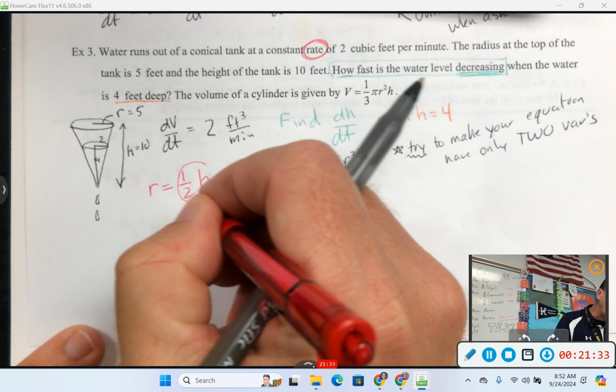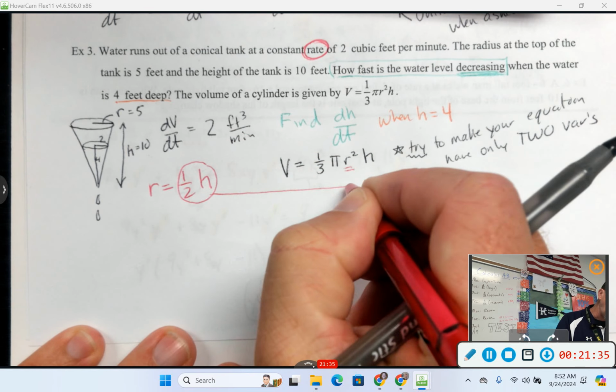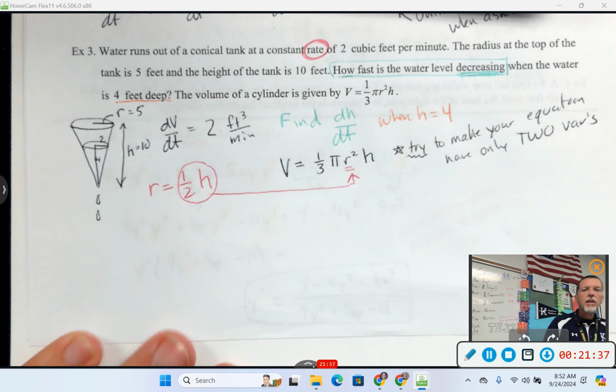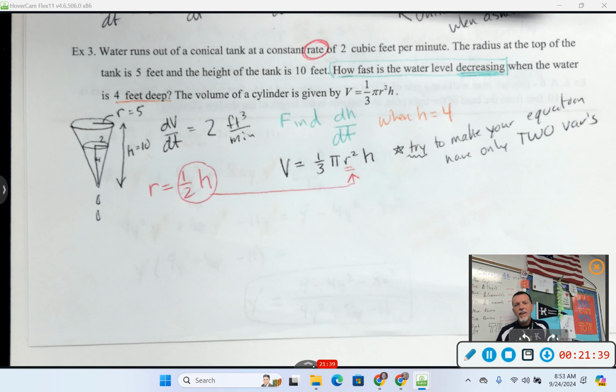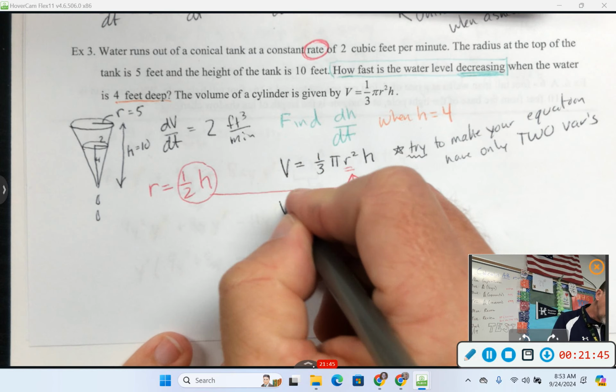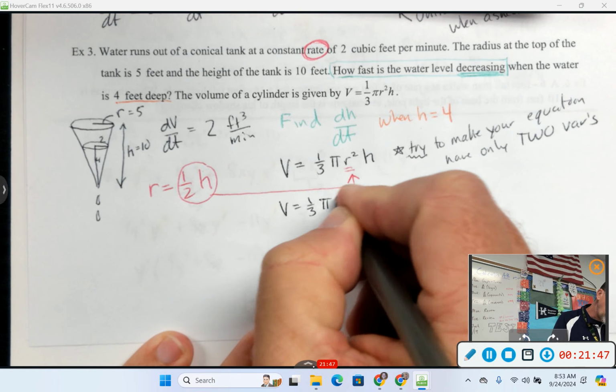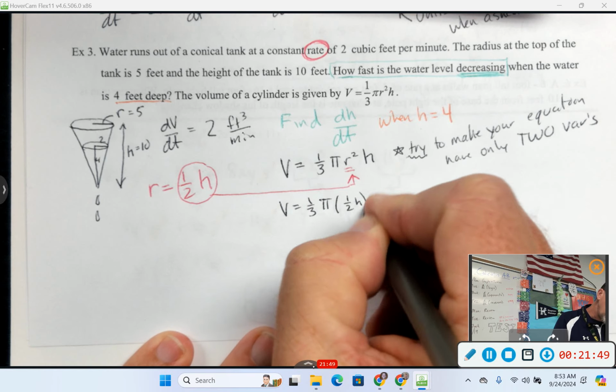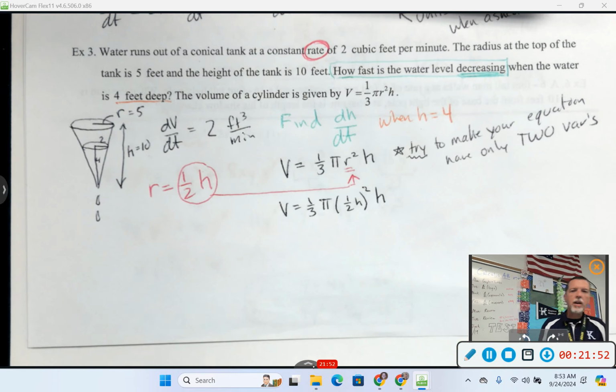I mean, it's going to make the algebra kind of ugly, but it's going to be great for the calculus. So I'm going to replace R with half of H, because then I'll have only one variable left. V equals 1/3 pi times half of H squared times H. Okay, let's clean this up a little bit.